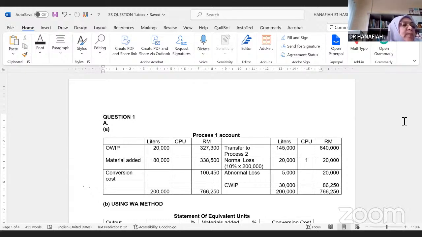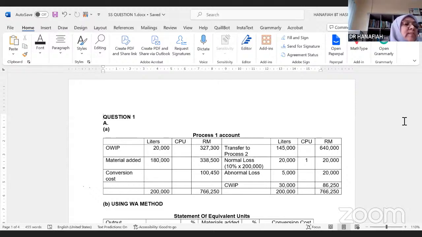Some information here relates to the operation in process 1 for the month of May. We have the opening work in progress, which is 20,000 liters, 100% complete for material and 85% complete for conversion costs.